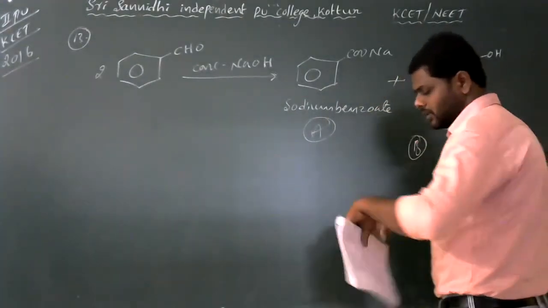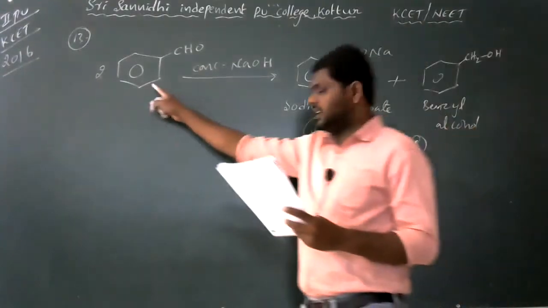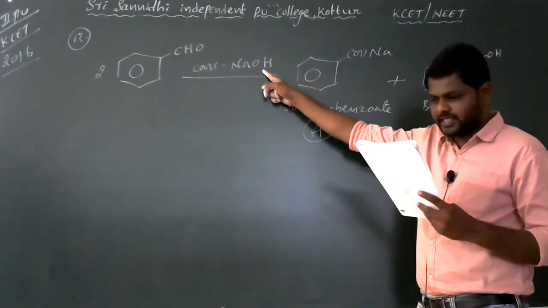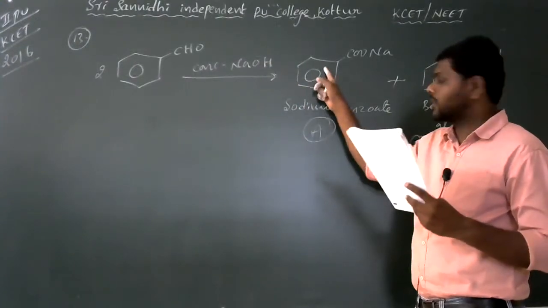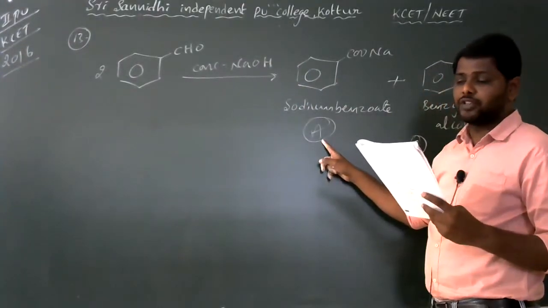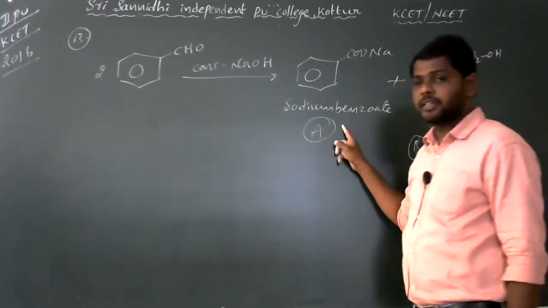Read the question again. Benzene carbaldehyde is reacted with concentrated NaOH solution to give products A and B. The product A can be used as a food preservative: sodium benzoate. Remember it; it is from chemistry in everyday life.